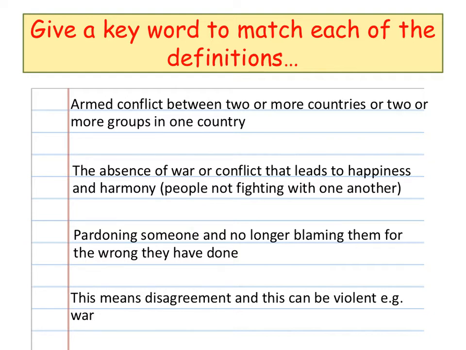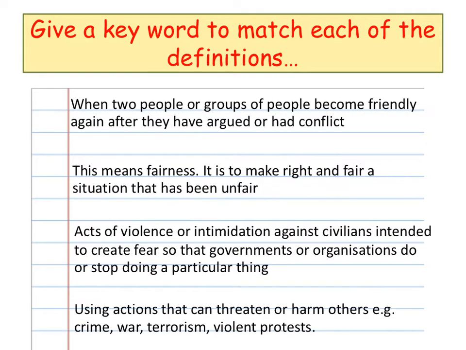Number 4, this means disagreement and can be violent, for example, war. Number 5, when two or more groups of people have become friendly again after they have argued or had conflict. Number 6, this means fairness. It is to make right and fair a situation that has been unfair.